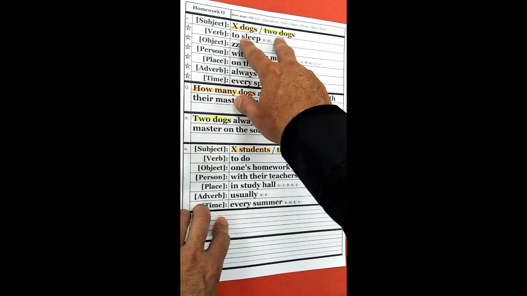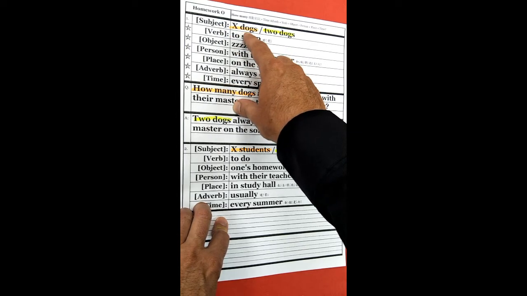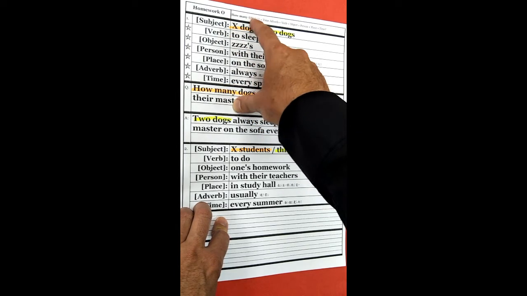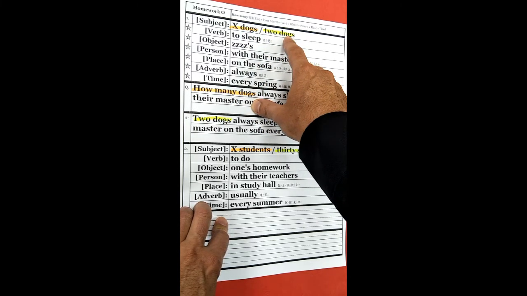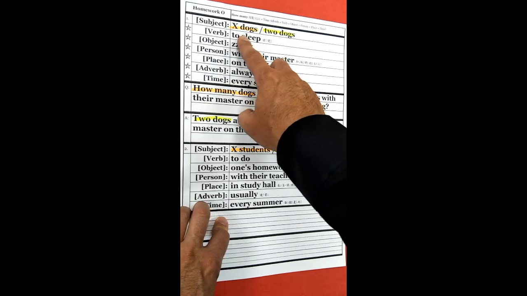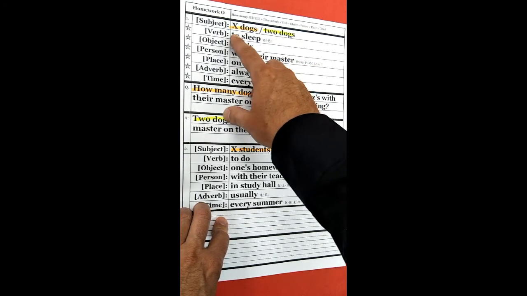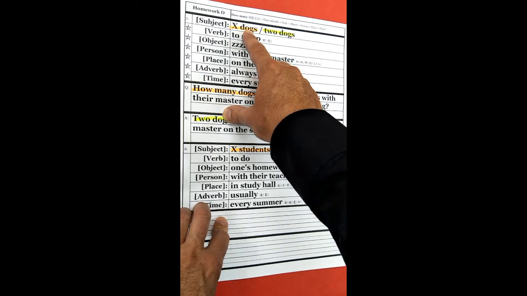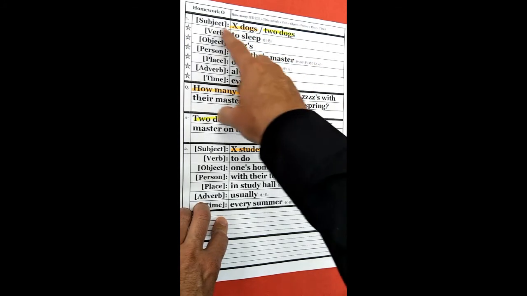I've used 2 colors. The orange is the plural for how many. How many dogs? 2 dogs, that's the answer. So for every question, we are going to use orange and yellow. Orange will be for the question, yellow for the answer.